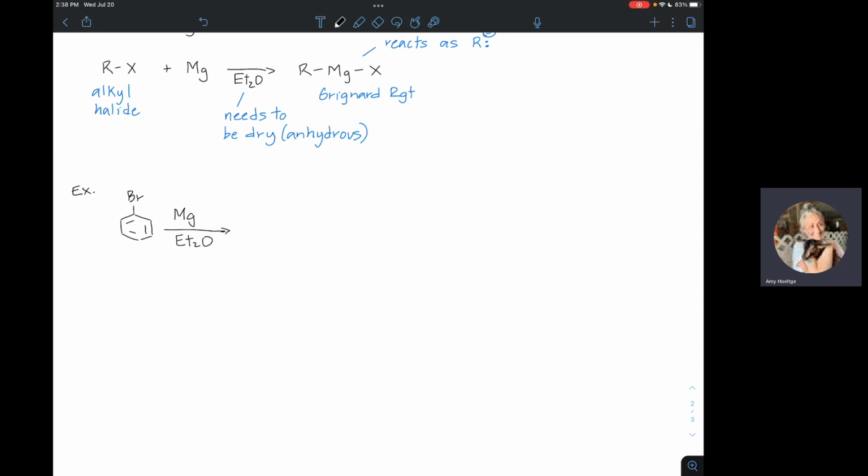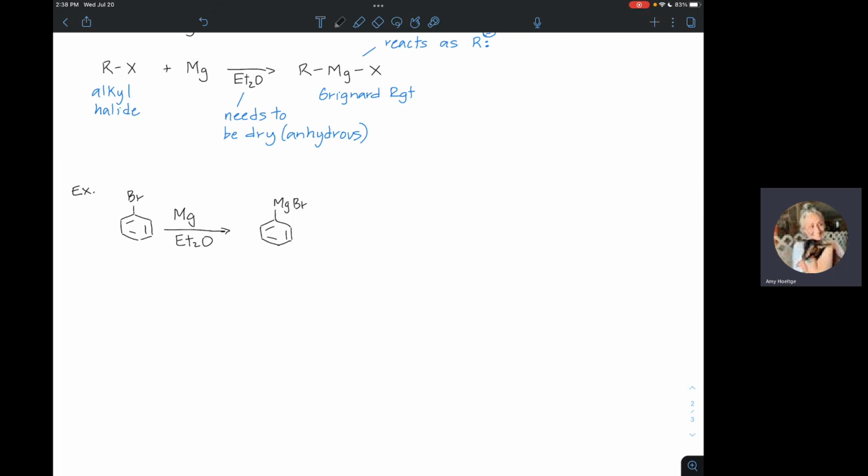What you'll get is the magnesium inserting itself between the carbon that bears the halogen, the bromine there, and then the bromine will be bonded to the magnesium.